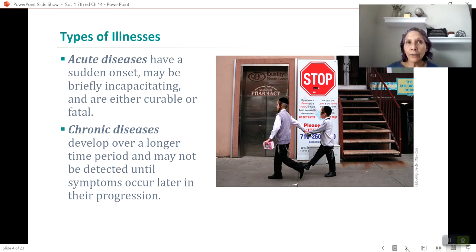You know, these are what are considered to be chronic illnesses. These are things that took a long time before they showed themselves, because it takes a long time, sometimes, for you to get to the point where you are diabetic.